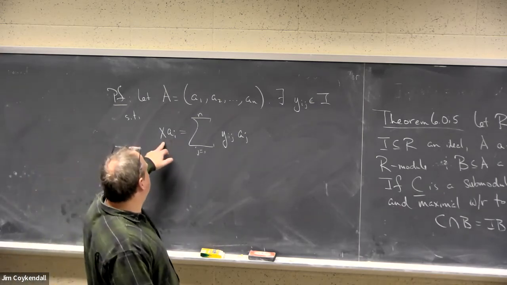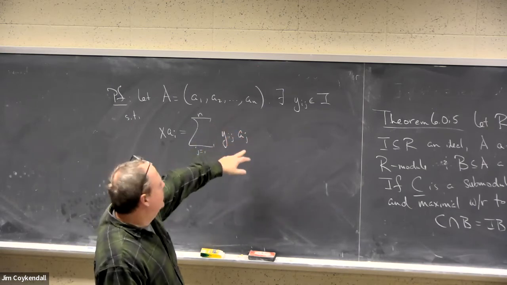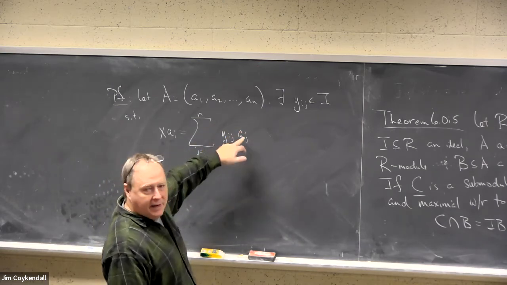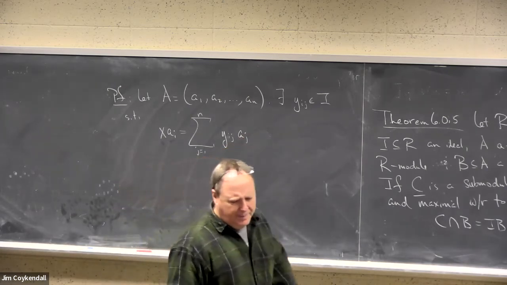And that's just a statement that X times A_i has to be a linear combination of the generators of A with coefficients in I, and I can just replace A with its generators, so streamline it that way.